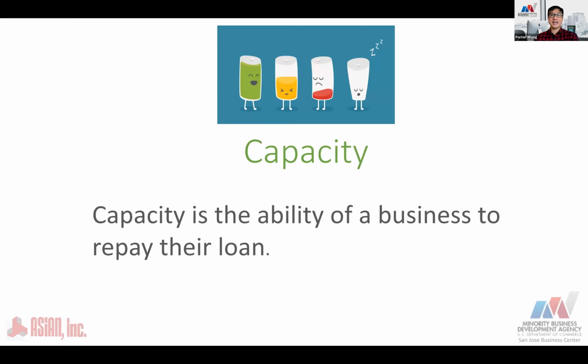And then capacity. Capacity is basically looking at whether the business is able to generate enough cash flow to cover your debt payment.